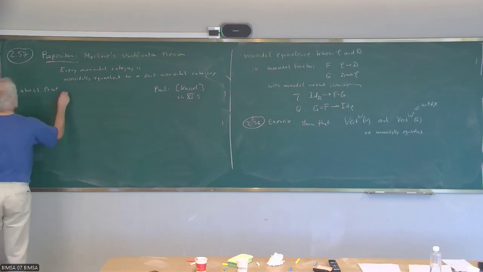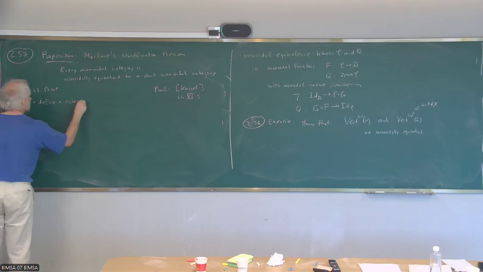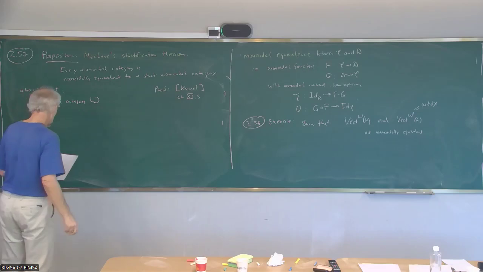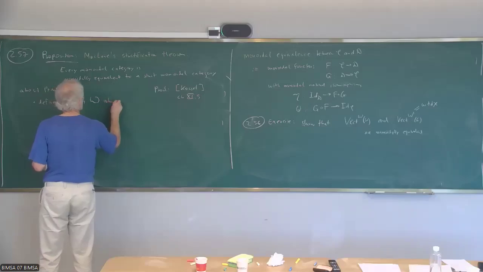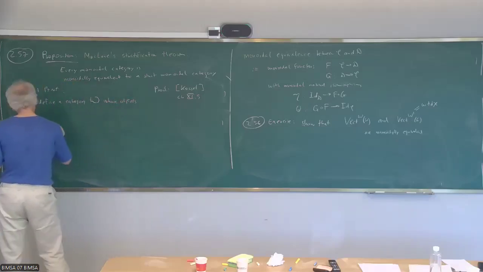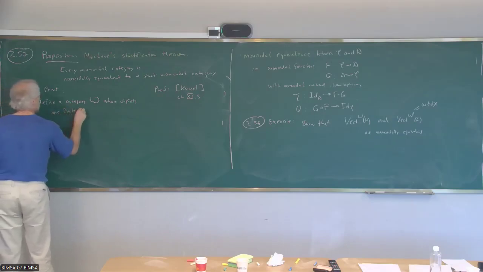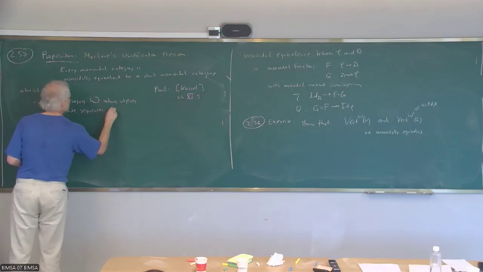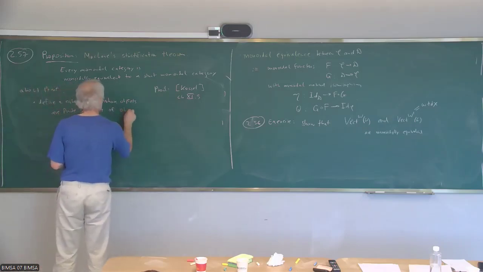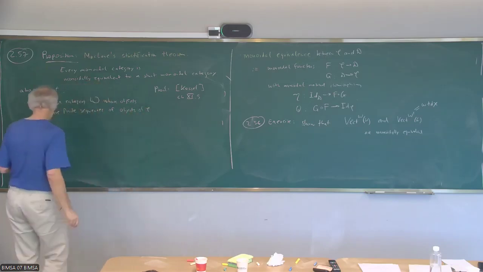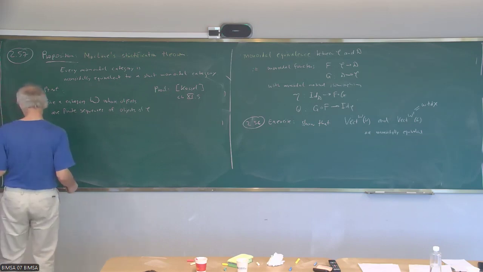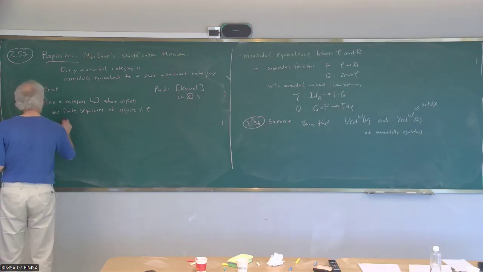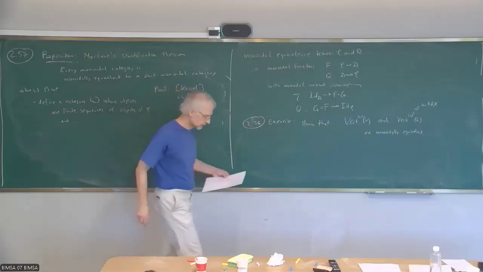And the idea is the following. We define a category W whose objects are finite sequences of objects of C. Maybe it's not worth writing it down without giving details.